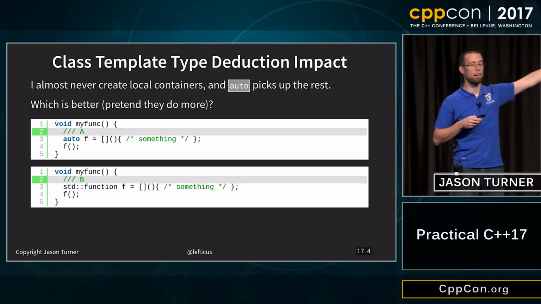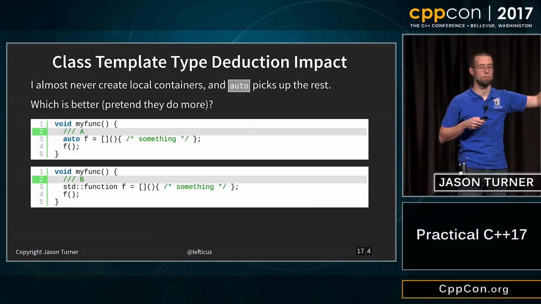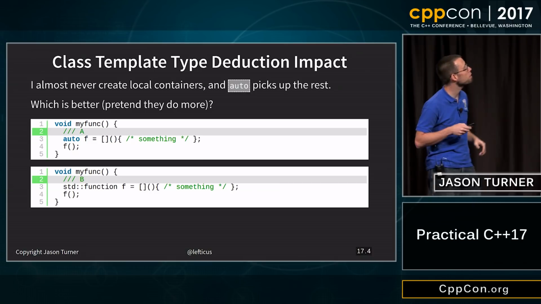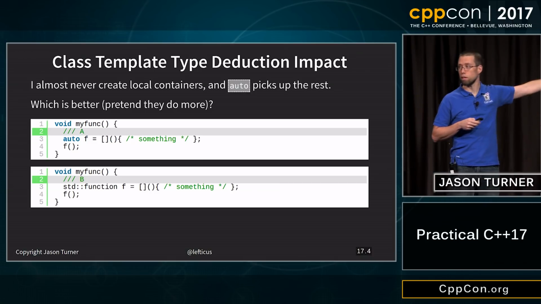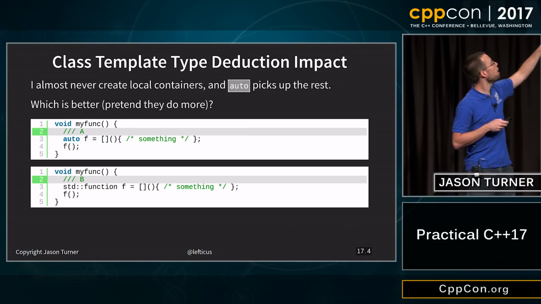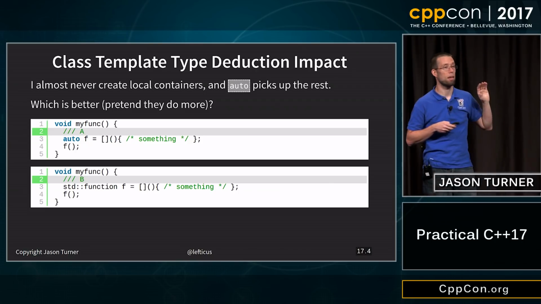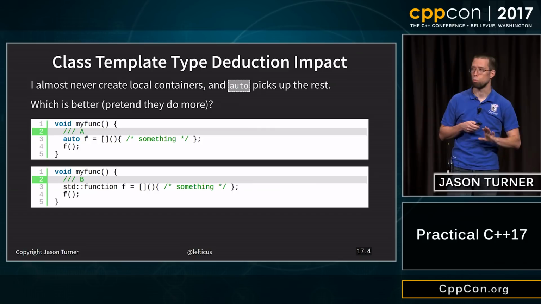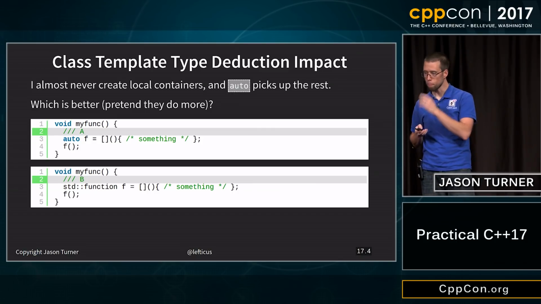In this particular case, it's probably not going to do any dynamic allocation because it would fall into the small function optimization, but there's no guarantee of that. B is probably measurably significantly longer to compile because of all the templates that have to be instantiated. A is not. So in my particular code, I found that auto is way more important than class template deduction.